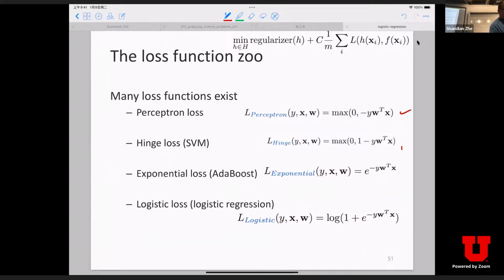For the hinge loss, the only difference is that you put positive 1 in the right term of the maximization. For AdaBoost, there's also some theory linking to the loss. It has an exponential form of loss. And the logistic loss, which we discussed today, is the logarithm of 1 plus e to the power minus y W transpose x.